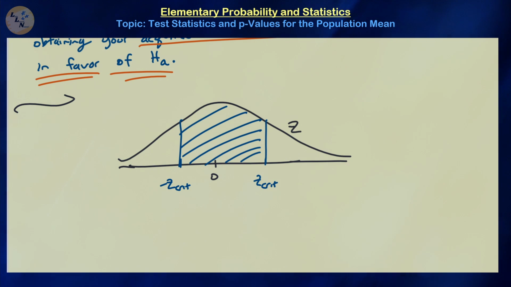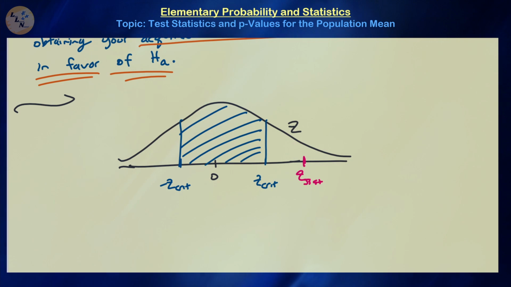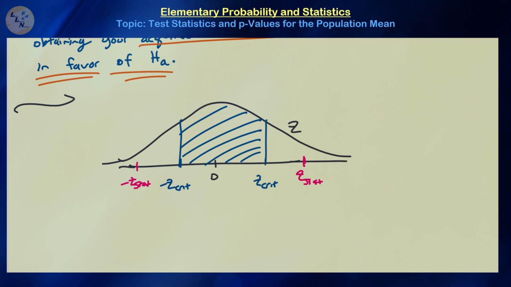So let's assume that we want to reject the null hypothesis. If we're going to reject the null hypothesis, we're either going to have a test statistic in the upper tail, so let's assume our test statistic is there, and our negative test statistic is going to be there. If they're mirror images, then they are equally strong with respect to each other. So what is the probability of obtaining z stat or negative z stat? Well, it's just going to be the area of this line, but lines don't have areas.